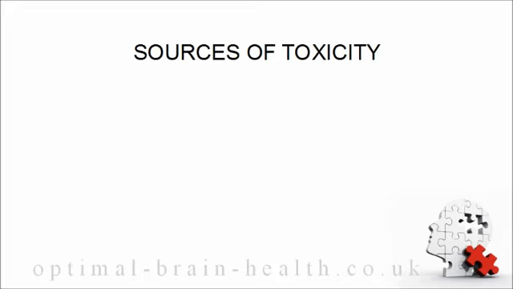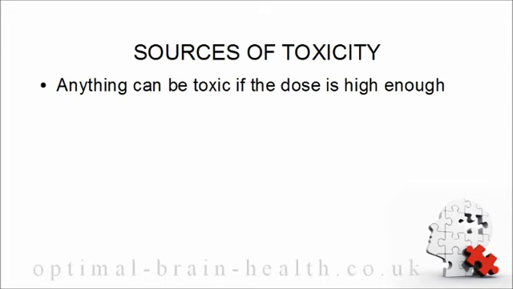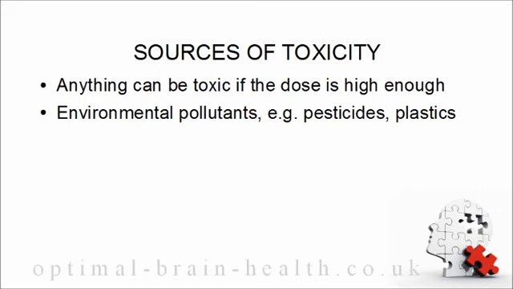Okay, so what are the toxicants that we're exposed to and that are causing these kinds of problems? It's worth just noting as an aside that anything can be toxic if the dose is high enough, including water and including oxygen. Both of these can kill if the dose is high enough. But more relevantly, it's man-made chemicals that are in the environment, such as pesticides and herbicides, residues of which are found in food, or at least non-organic food.